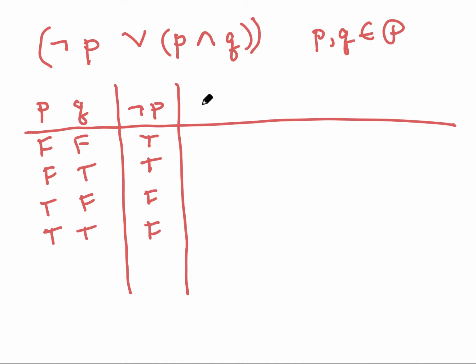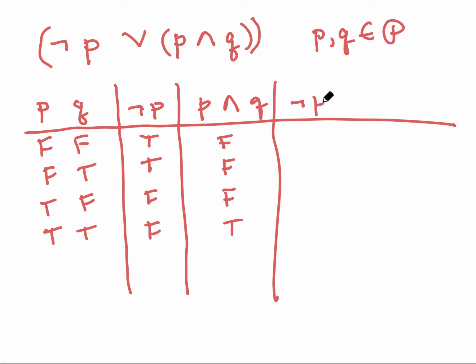The next thing I'm going to do is put P and Q. And we know P and Q, because this is conjunction, this is and, will only be true if both P and Q are true. Both P and Q are true only in this case. So here we're going to have false. And then finally, the thing we're really interested in is this, and this is an OR.